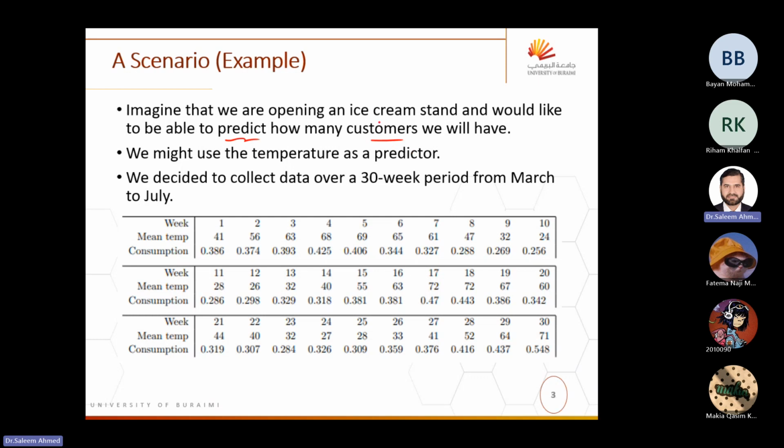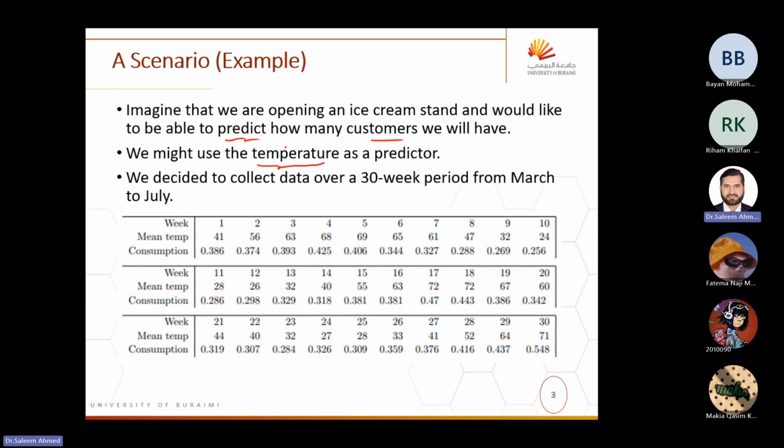So you know that in summer season, you may have more customers, and in winter season, you may not have many customers, right? Because ice cream is cold, so people will like it in summer. So temperature can be a predictor for this answer. How many customers I get depends on the temperature. If temperatures are high, I will get more customers. And if temperatures are low, I may not get many customers, right?